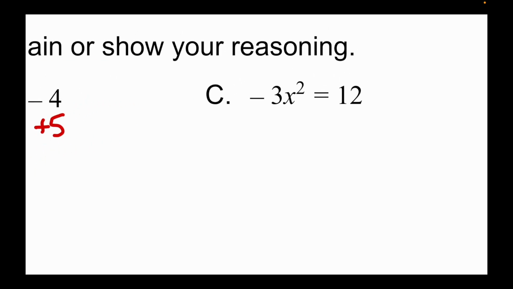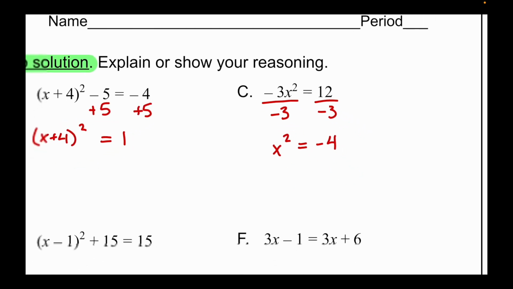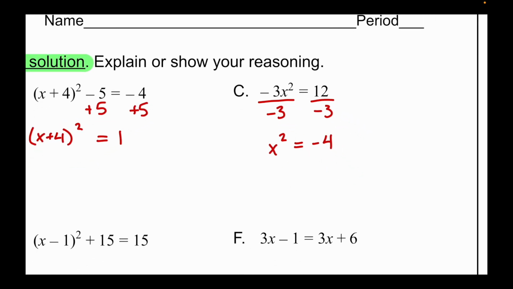On question C, the work I would do here is first divide both sides by -3 in order to get x squared by itself, just the thing that's being squared. So that's going to leave me with x squared, and then 12 divided by -3 is -4. My next step is to take the square root.